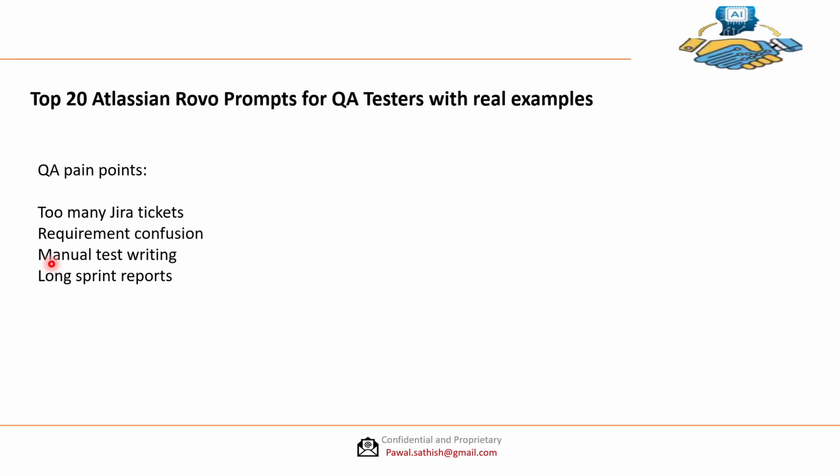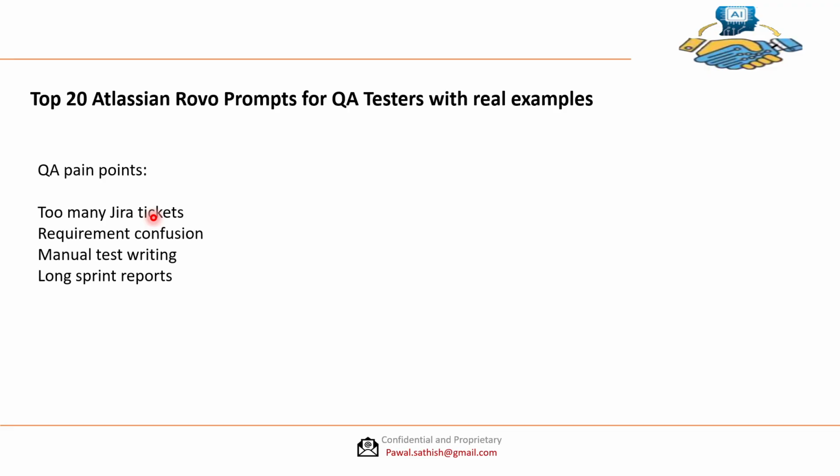Sometimes we write test cases manually, and we end up writing duplicate test cases. And if we need to give sprint reports, long sprint reports are a very time consuming activity. But as part of Rovo, everything happens within minutes. But we need to give a correct prompt.